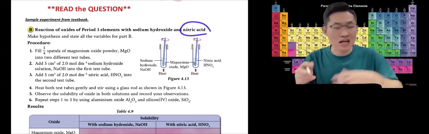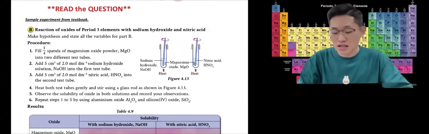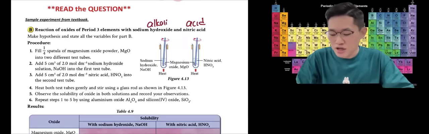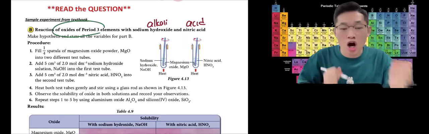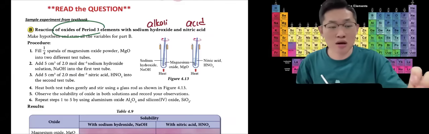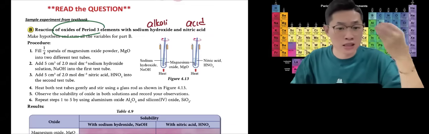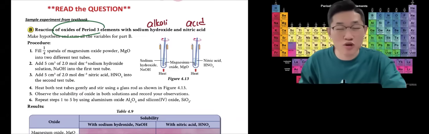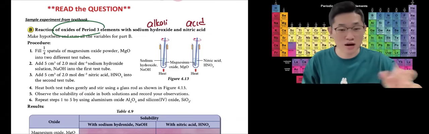They can change it to other acid, but it has to be an acid, alkali, reacts with your period 3 oxide. Okay, so make sure it is the same experiment as what you are learning now. If it is different, then you don't put in the same answer anymore. It will be a different experiment.